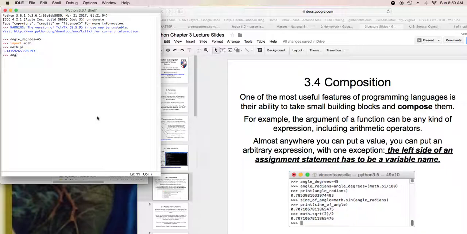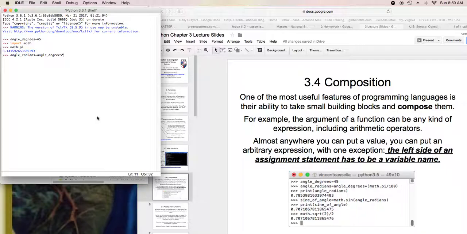So I'll create a new variable called angle_radians, and I'll set that equal to whatever my angle in degrees is. I happened to set it equal to 45 earlier, but in general it's going to be whatever my angle is in degrees.